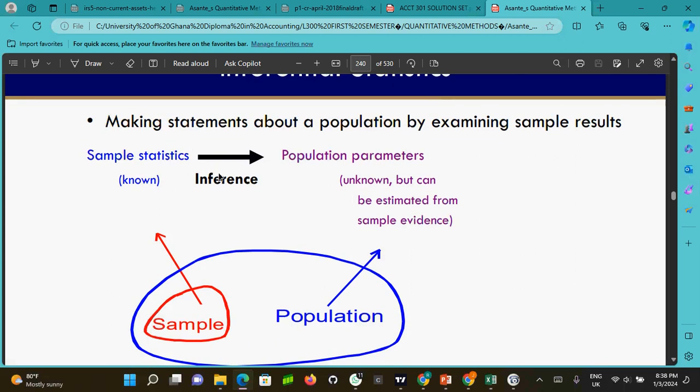So from the sample statistics, we make our results apply to the whole population because we don't know. Maybe one of you doesn't understand what I'm teaching, but since I've asked 2 people, I assume that all of us understood. The population parameters are unknown, but can be estimated from the sample evidence.